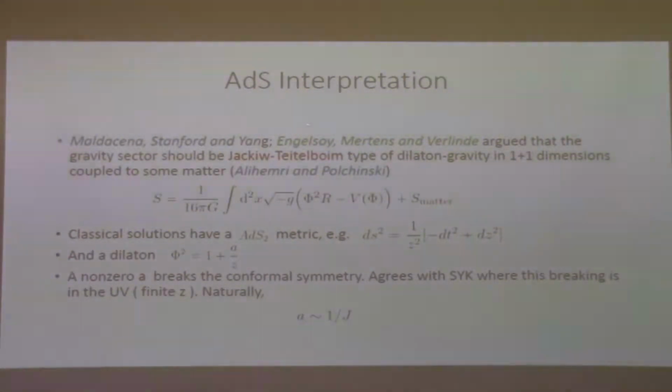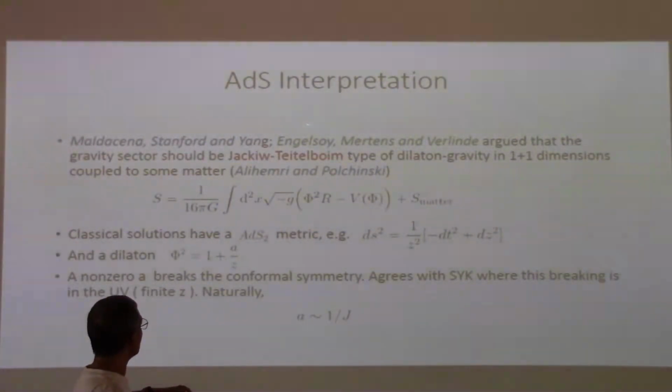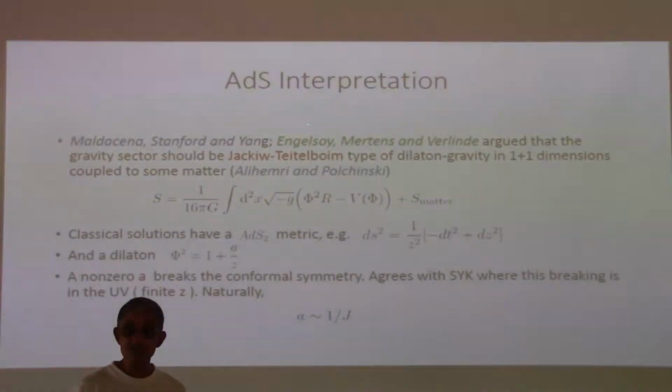Now it has been argued that at strong coupling, the dominant contribution to the propagator comes from this almost zero mode, so this is like the low energy sector of the theory, if you wish. A natural guess for that is that it represents some dilaton gravity in two dimensions, a theory whose background has a solution which is AdS2.